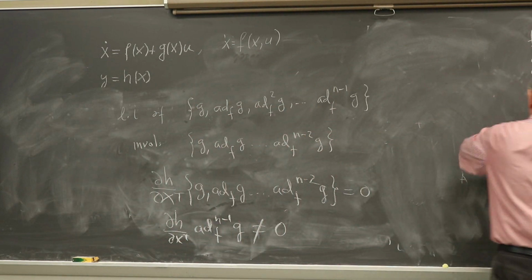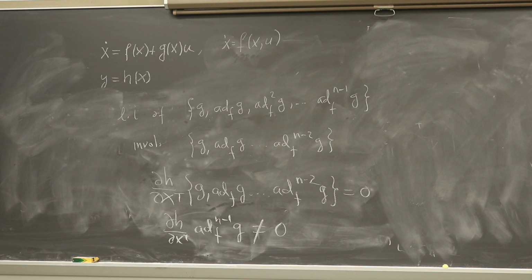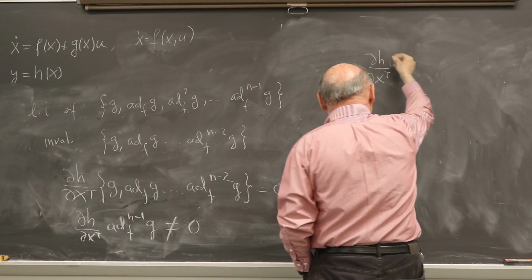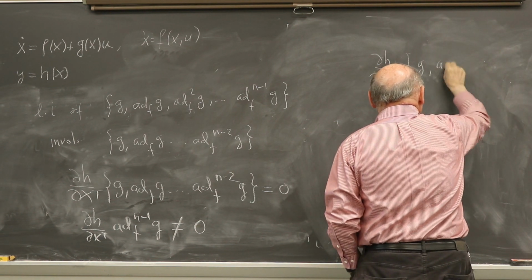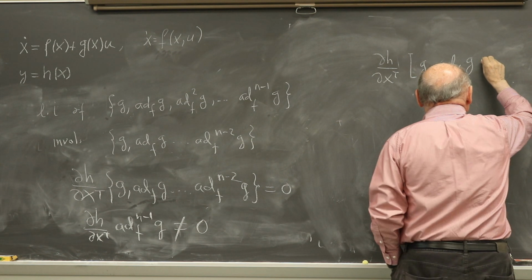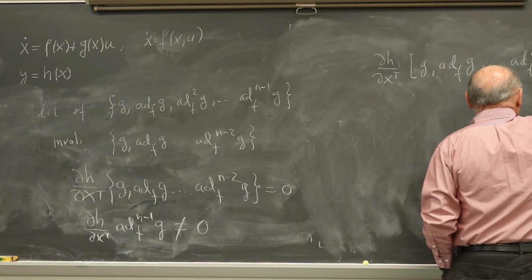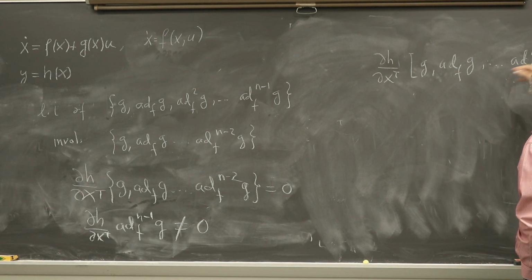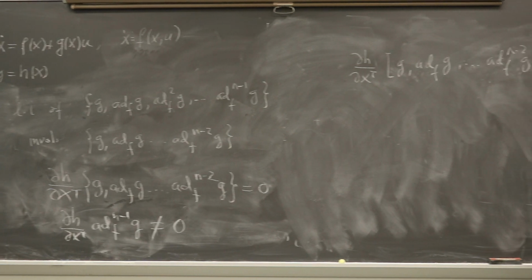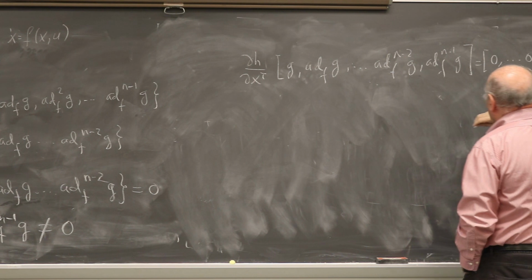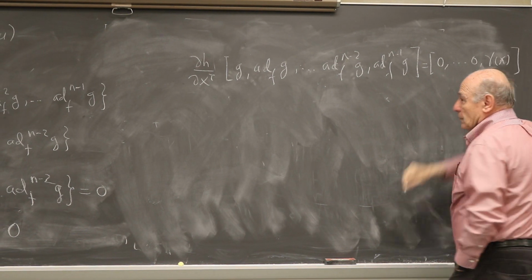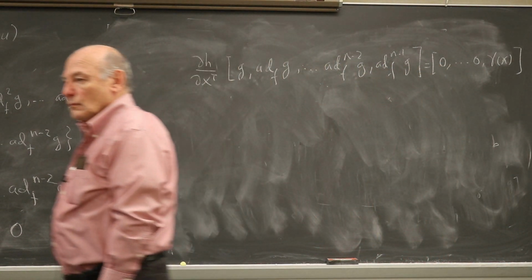So we can summarize that condition by saying that the gradient of that function I'm looking for, multiplied by this matrix, has to be 0 for all these columns except for the last one, in which I'm willing to accept that this will be some scalar function of x. Might be 1, might be anything.